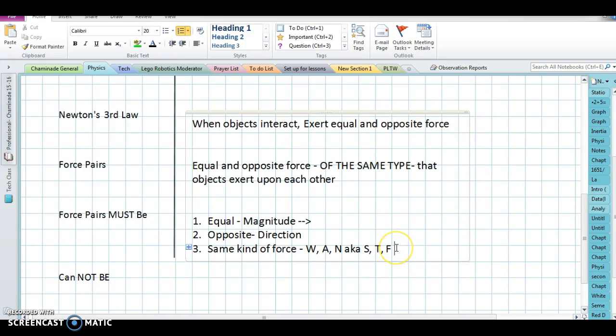Alright? Force pairs cannot be, okay, the things that they cannot be. They cannot be different magnitude. Those magnitude arrows have to be the same, otherwise it is not applied to the law. They cannot be in different directions.